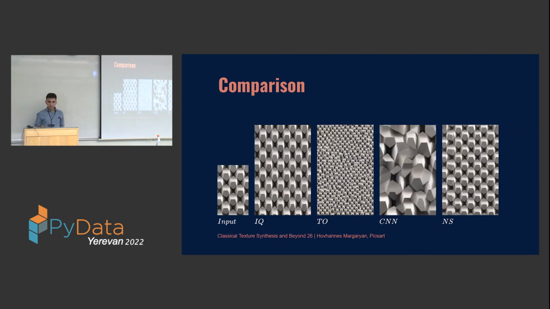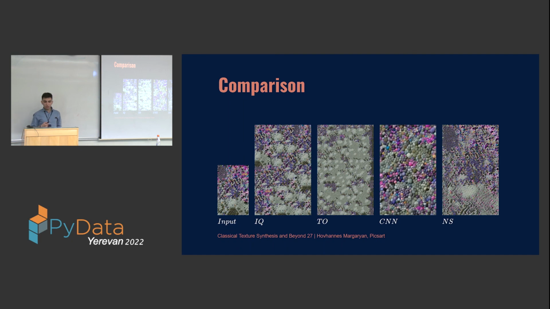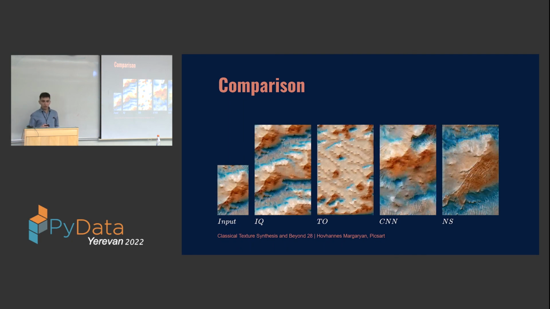Let's go through some results. In the case of regular textures, the only algorithm that fails is texture synthesis using CNNs. In the case of irregular and stochastic textures, all 4 algorithms provide satisfactory results for human observation.